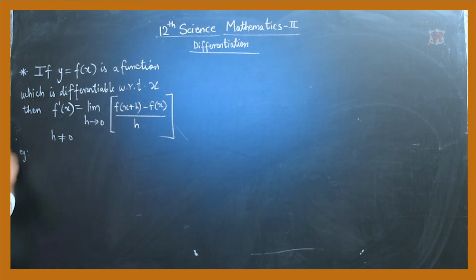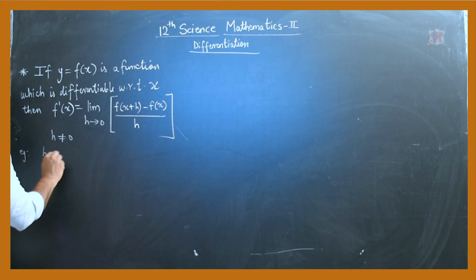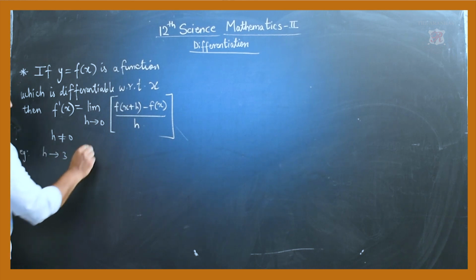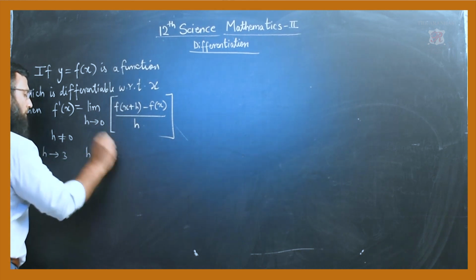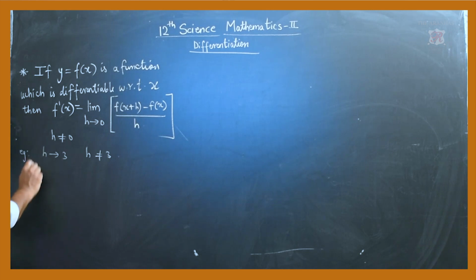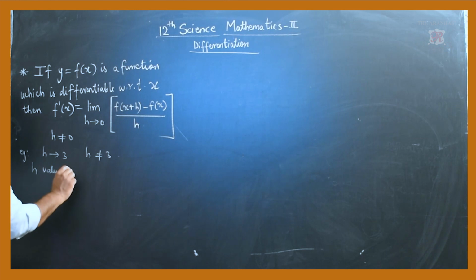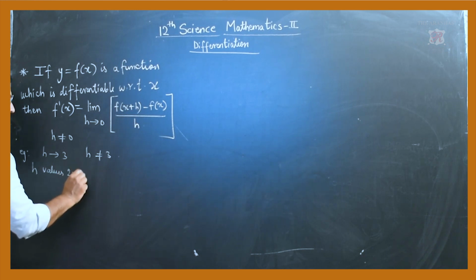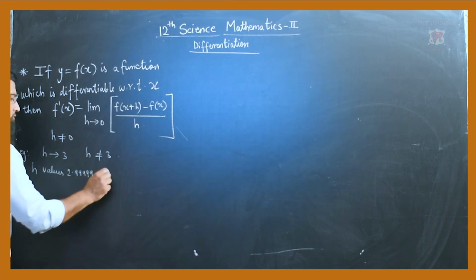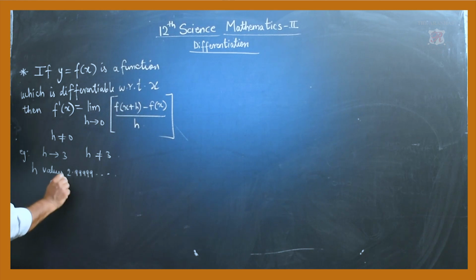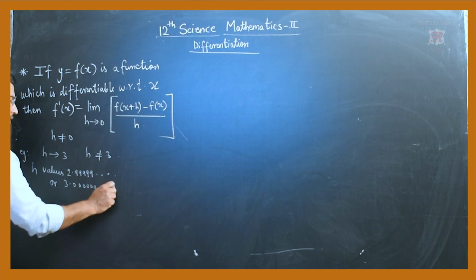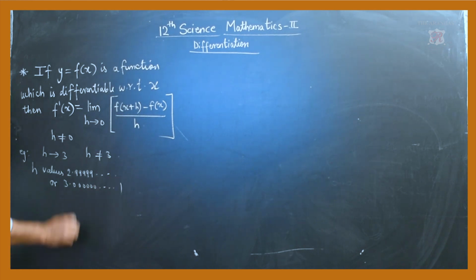For example, h tends to 3 doesn't indicate h is equal to 3. h can take values 2.9999 and so on, or 3.000000001, but it will never take a value equal to 3.